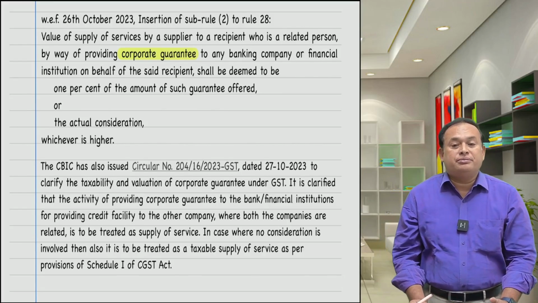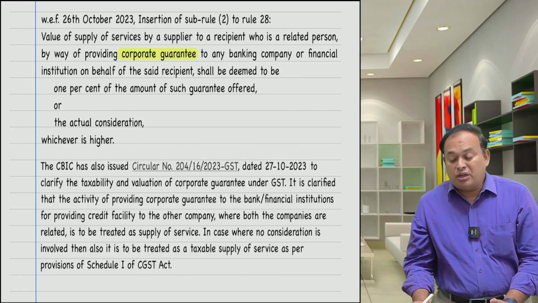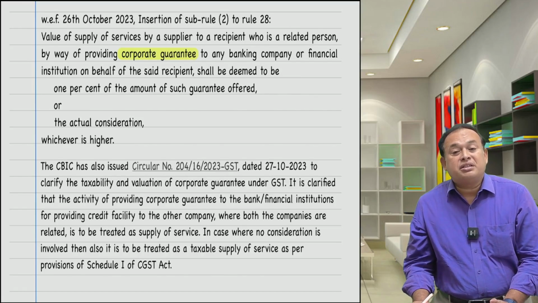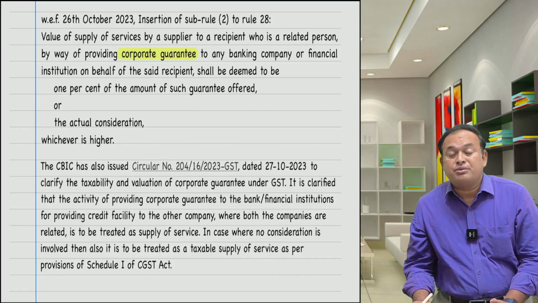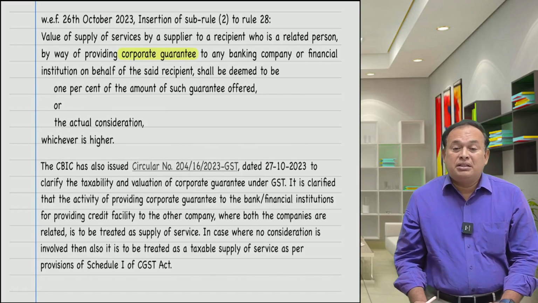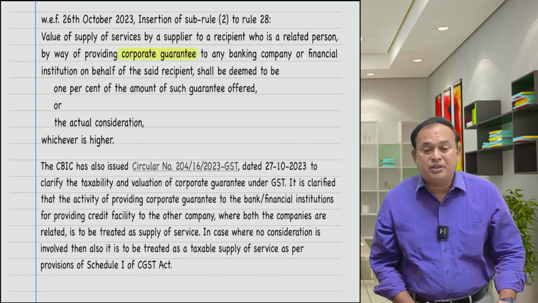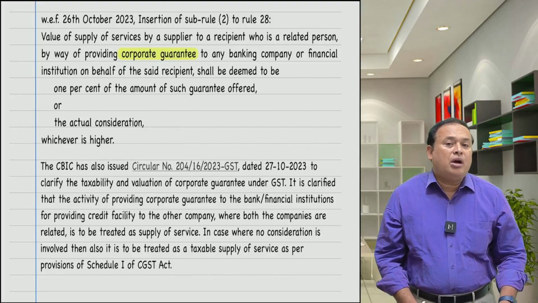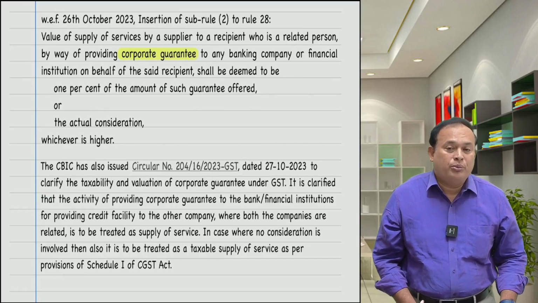That would be a violation of the provision. You should not charge the consideration as per the RBI guidelines, RBI norms, RBI circular. Where a corporate guarantee is given on a personal capacity basis by a director of the company, there should not be any payment flow.